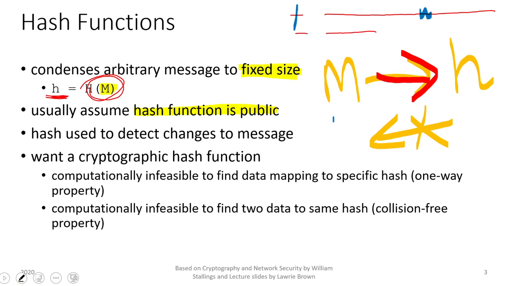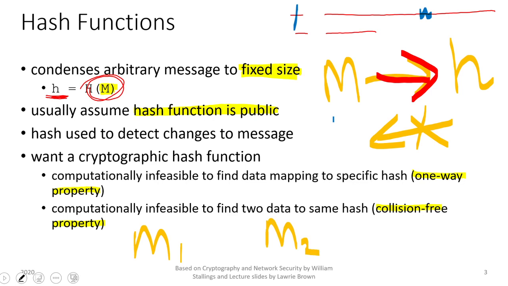And the other property that we want to achieve is the nature of a collision-free function. When we talk about collision-free functions, say we have two messages, M1 and M2. Even if they have the slightest of differences, they should produce two different hashes.